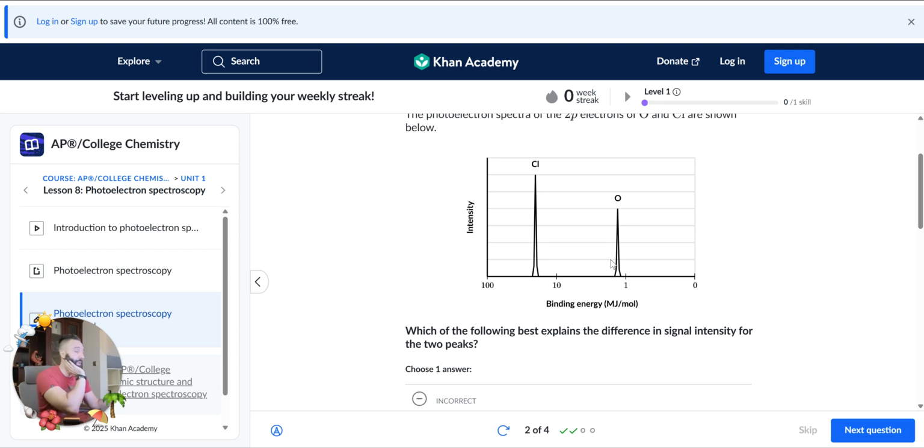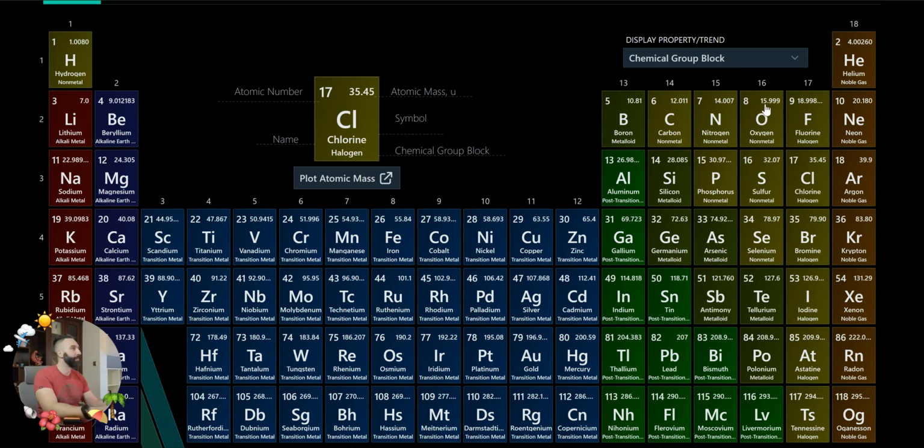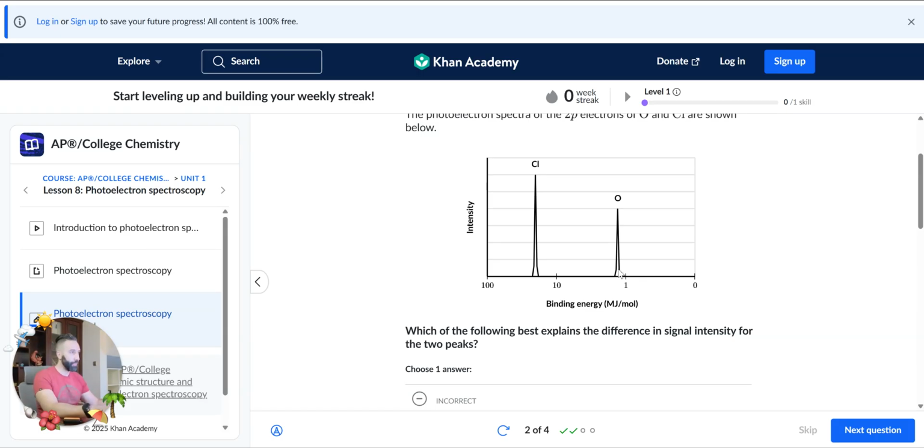That's very easy to explain because chlorine has more electrons. So how many 2p electrons does oxygen have? Oxygen has 8 electrons, so that means 1s2, 2s2, and 2p4. So oxygen has 4 electrons in 2p. And chlorine?